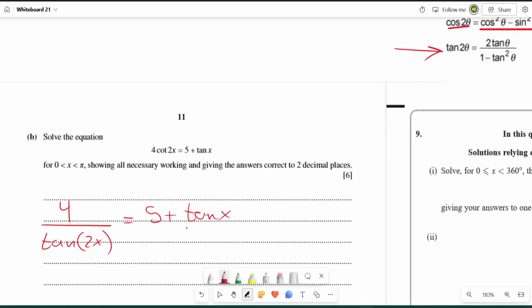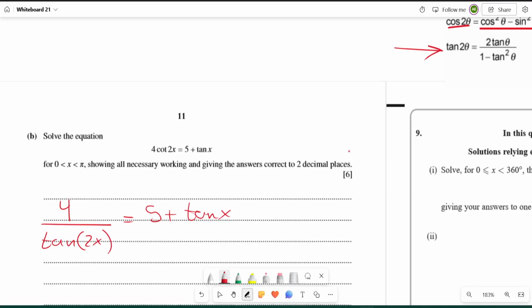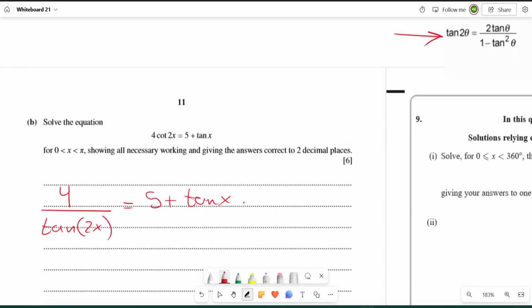So tan 2 theta is equal to 2 tan theta over 1 minus tan squared theta. So this is going to be 4 over, instead of tan 2x, I'm going to put in 2 tan of x over 1 minus tan squared of x. And then this is all equal to 5 plus tan x.